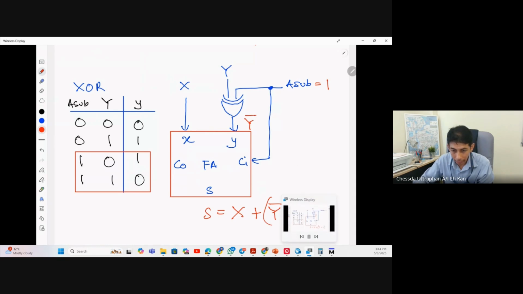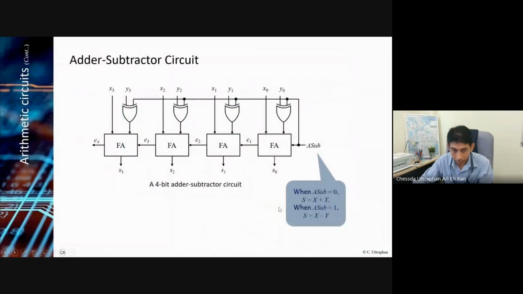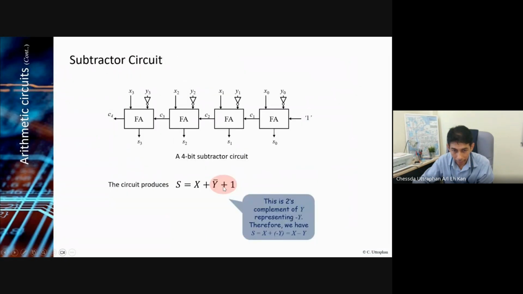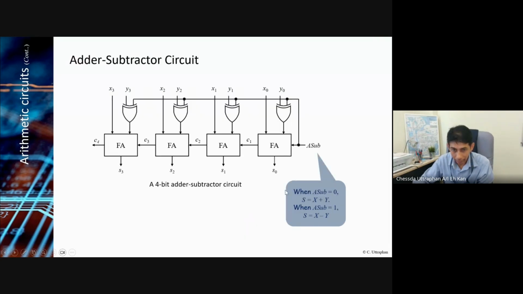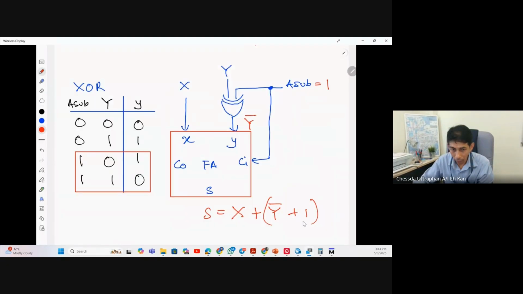which is the same thing. So this is subtract already.